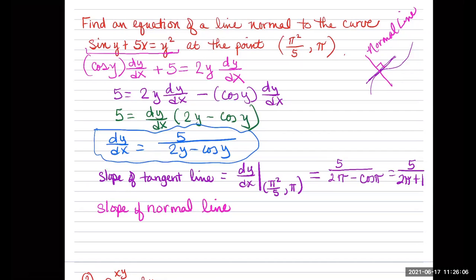So the slope of the normal line would be what? What do we have to do to that to get the slope of the normal line? Good. We have to take the opposite reciprocal. Very good. So I'm going to have minus 2 pi plus 1 over 5.